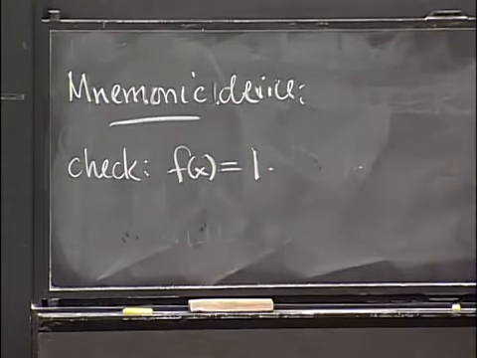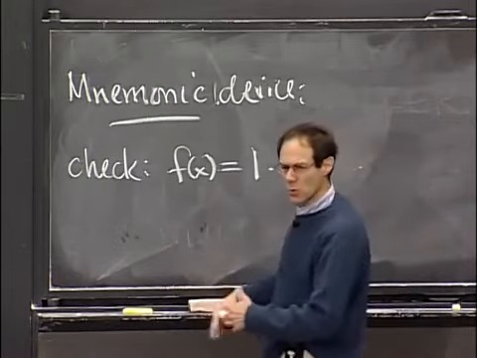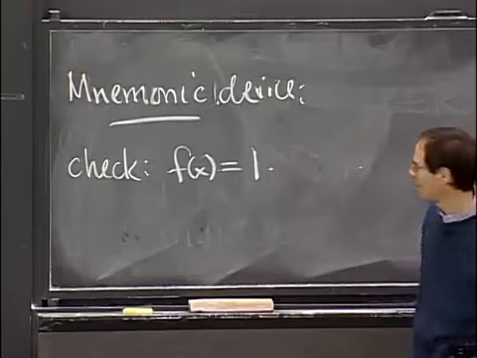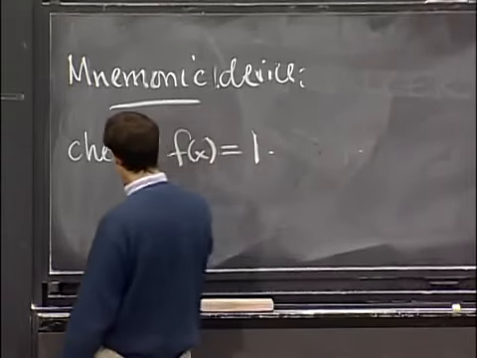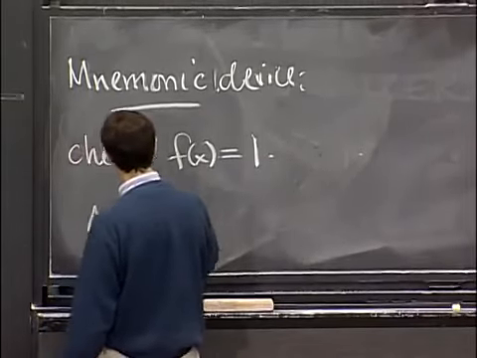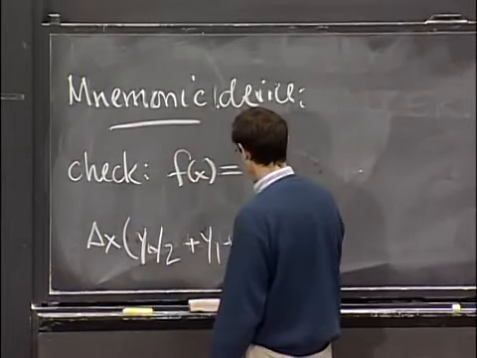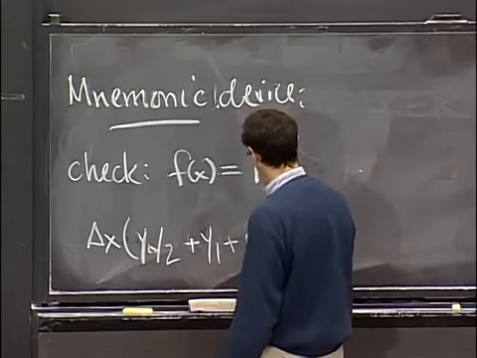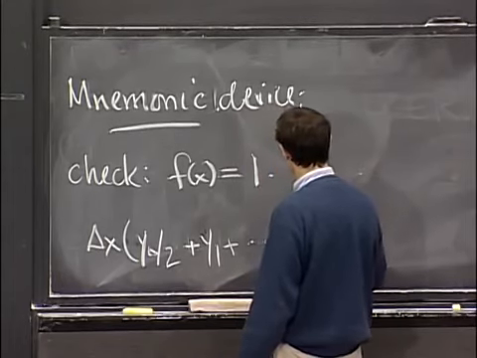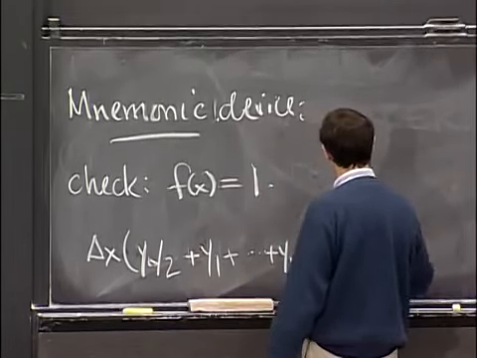It seems very modest, but if it doesn't give you the exact answer for f of x equals 1, you've got the wrong weightings. And here, if you check out what happens in the first formula, y0 over 2 plus y1 plus, well, we'll go all the way to yn minus 1 plus yn over 2.